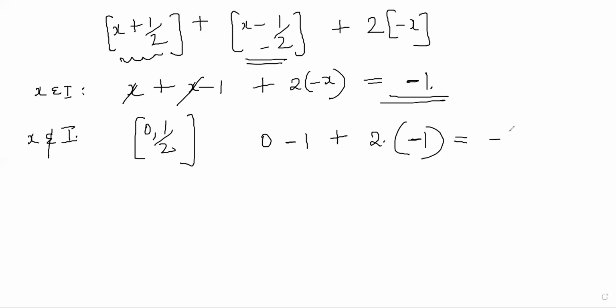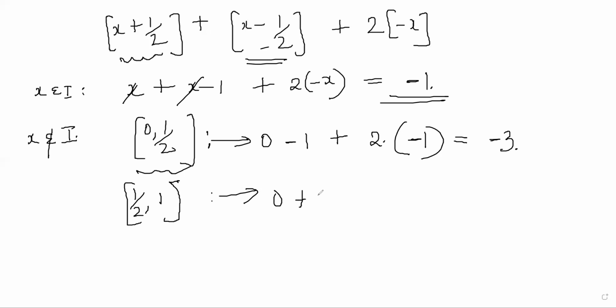-1, -2, -3. Between 0 to half, the function is always -3, right? And then from half to 1, the function will probably assume some different value. From half to 1, this will be still less than 1, so 0. Half to 1, this will be positive, so this will also be 0. Plus 2 into minus half to 1, so -2.